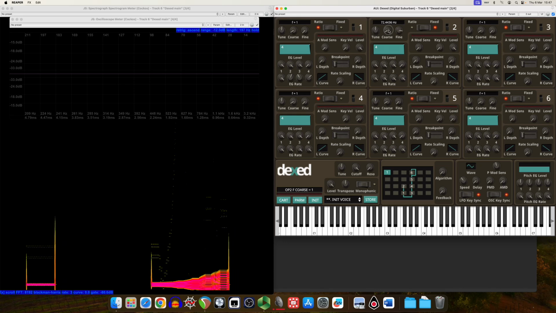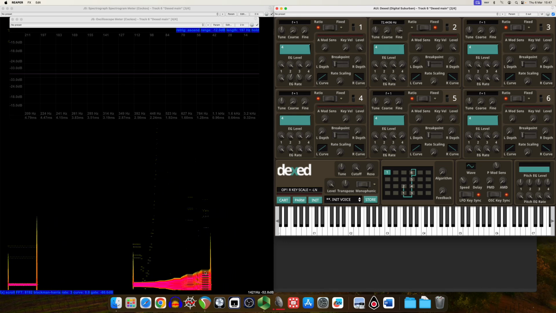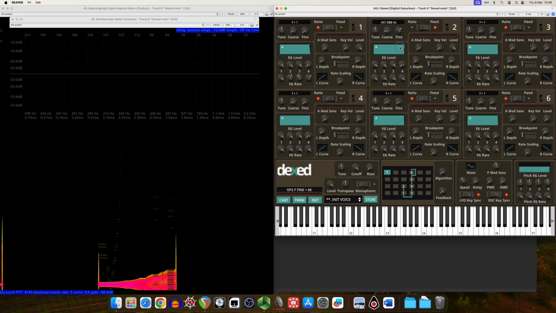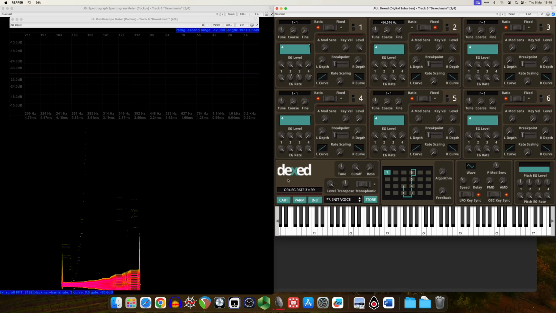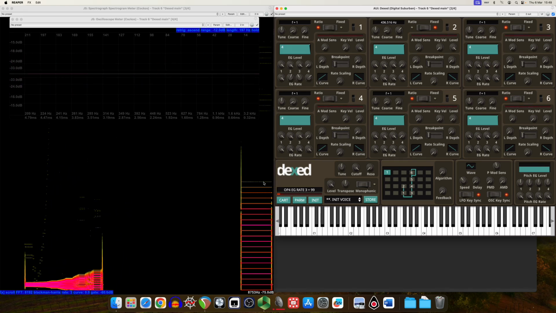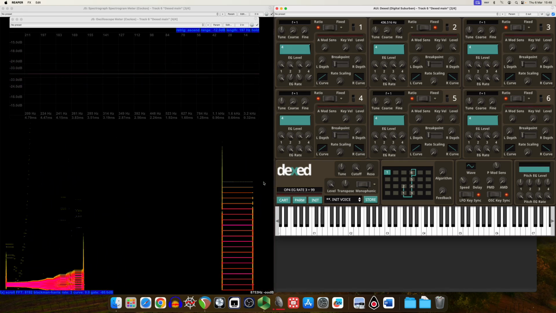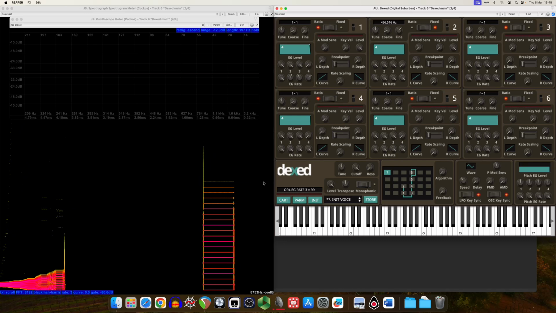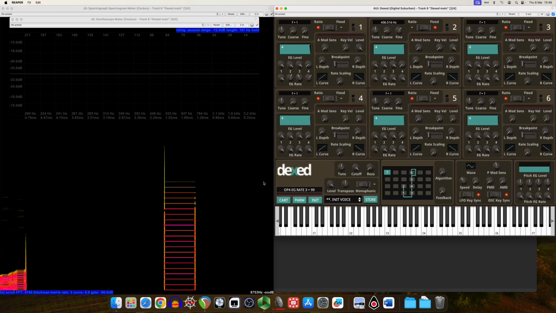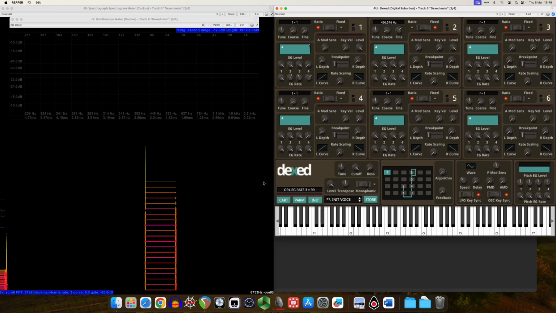Now you can see the actual sidebands separating out. If I increase the spacing to close to 440 Hz, which is the frequency of the A4 note I'm playing, then the note sounds fairly harmonic. That's a fixed spacing though. So as we go up the scale, the note goes inharmonic because the carrier frequency follows the keyboard and the spacing between the sidebands doesn't.